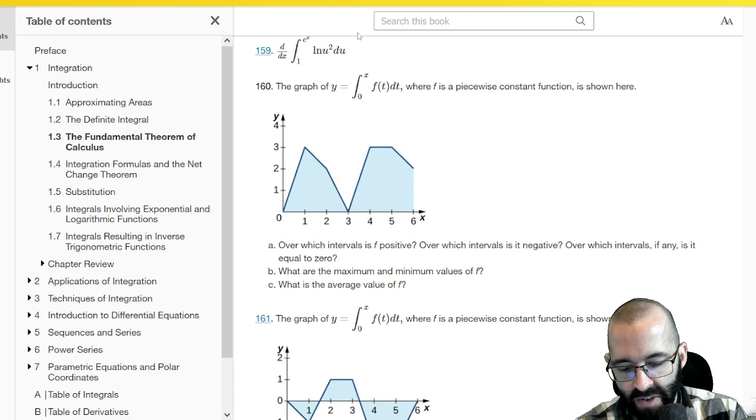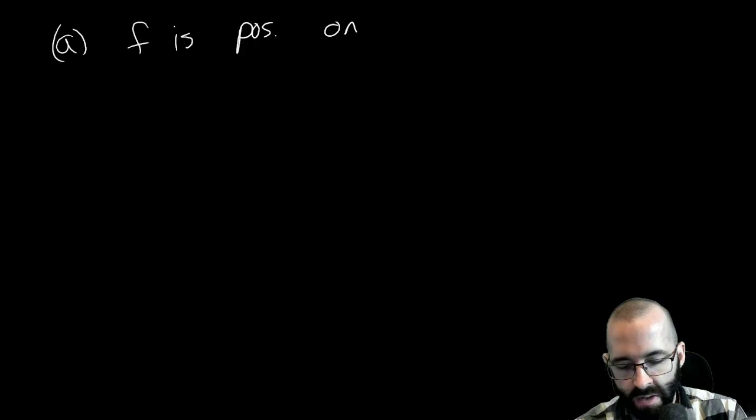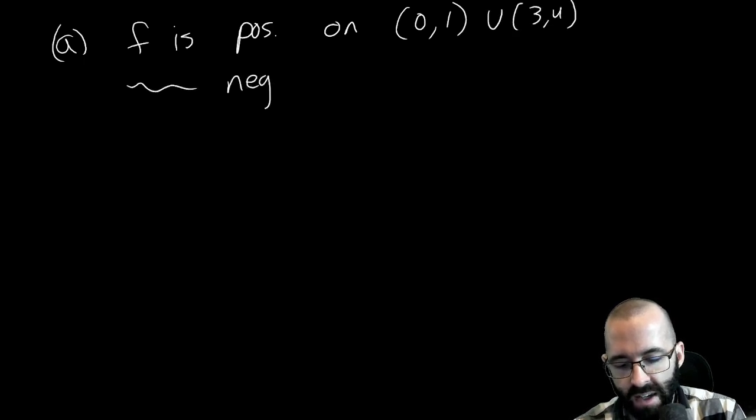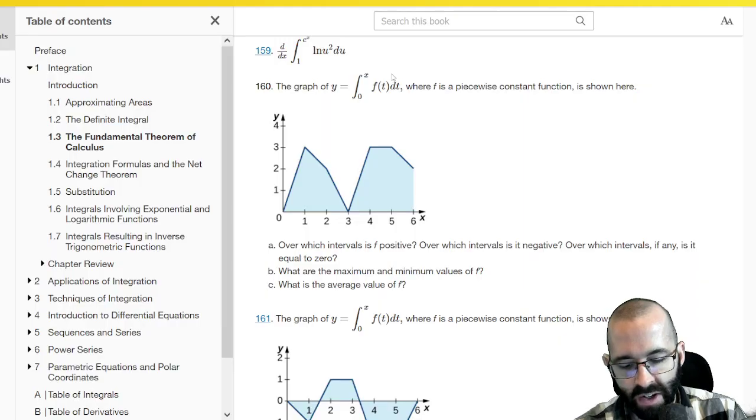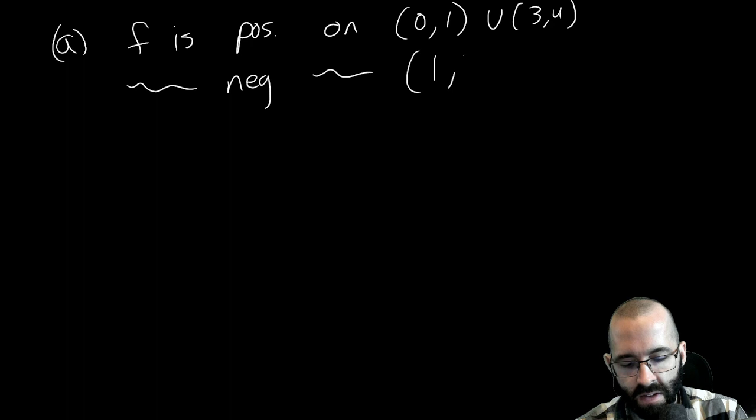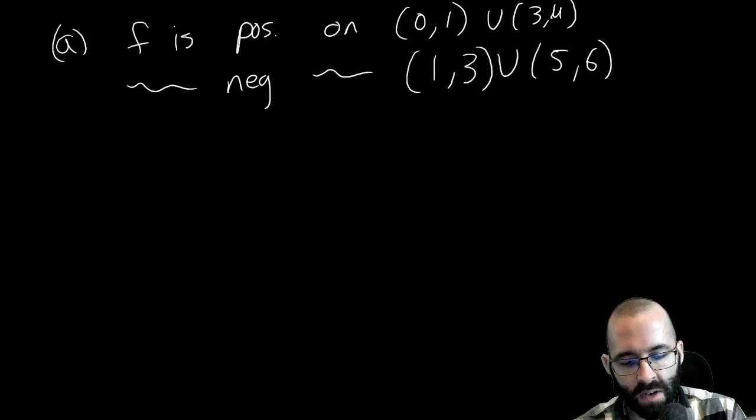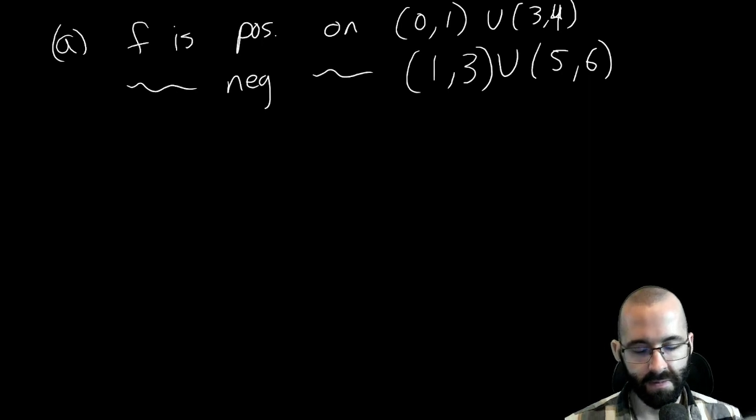The idea is f is positive when the function's increasing, which is 0 to 1, and 3 to 4. And f is negative when the function's decreasing, which is from 1 to 3 and 5 to 6. And we're using open intervals here on purpose.